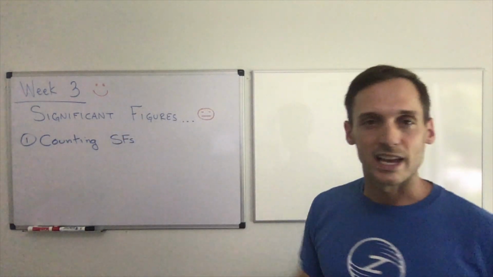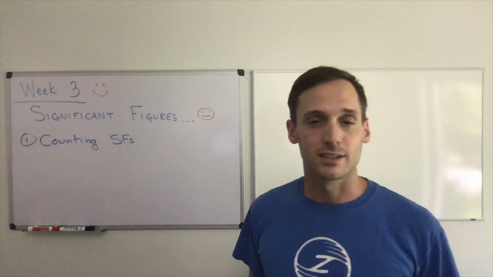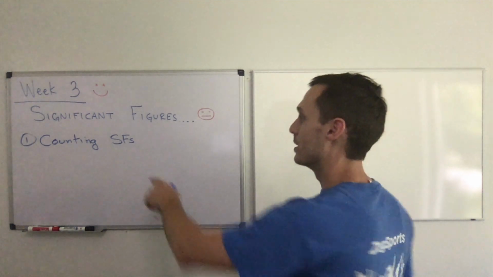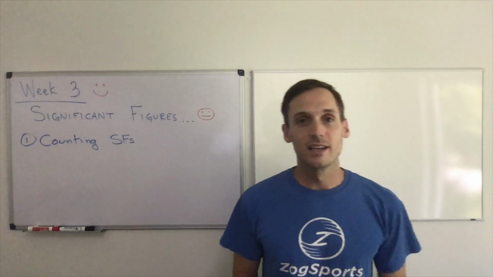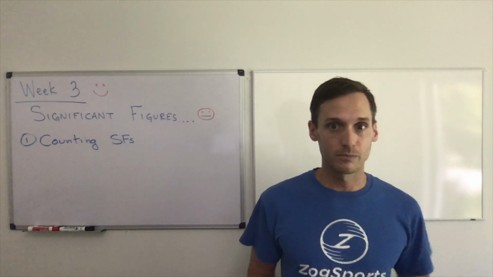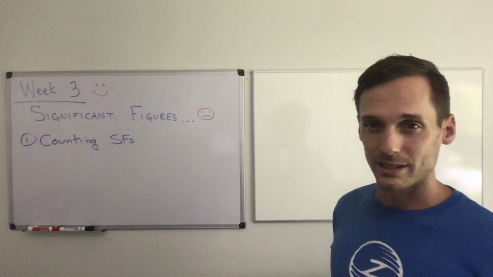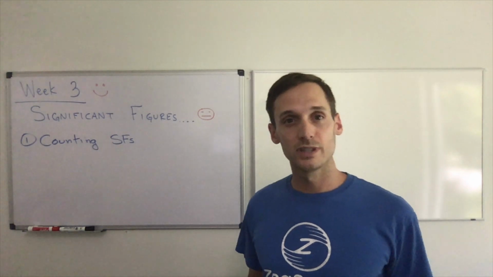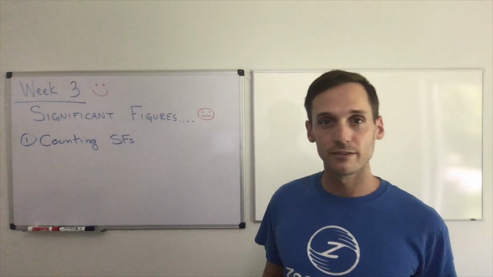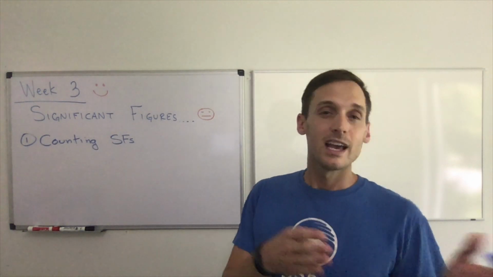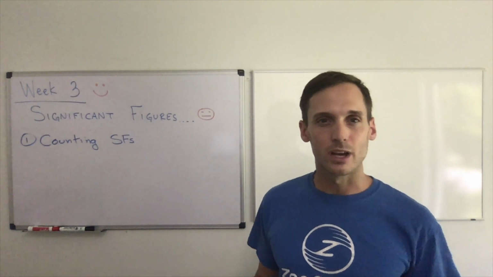I'm going to use SF as significant figures just because it's a pain to keep writing out. So whenever you see SFs, that's just significant figures, okay? So first, just counting sig figs. Now there's a couple rules that we have to know when we're counting sig figs, so we'll start with the easy rules, and then it'll get a little more tricky as we go along, okay?